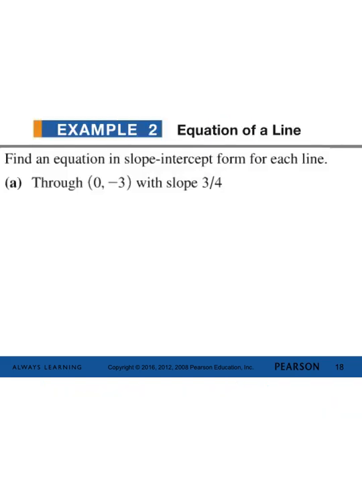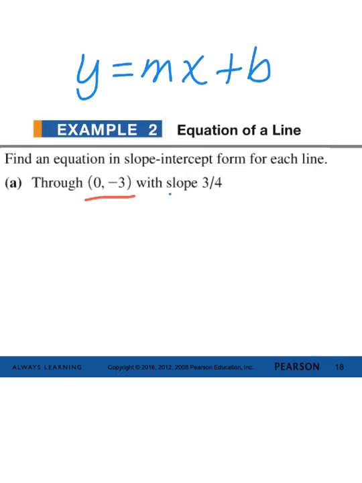So we're going to use what we've learned to write some equations. The first one we're going to write says find an equation in the slope-intercept form, which means we need y equals mx plus b, for a line that goes through (0, -3) and which has a slope of 3/4.